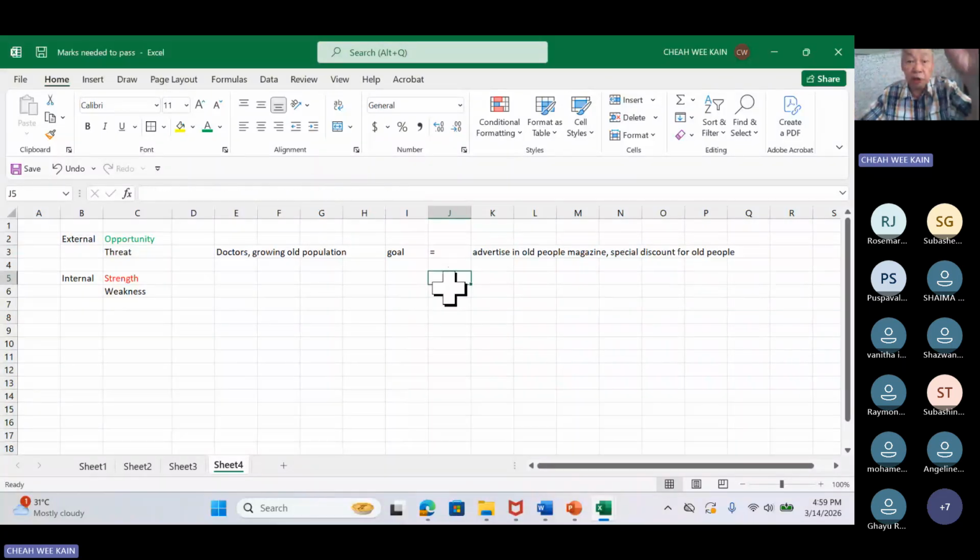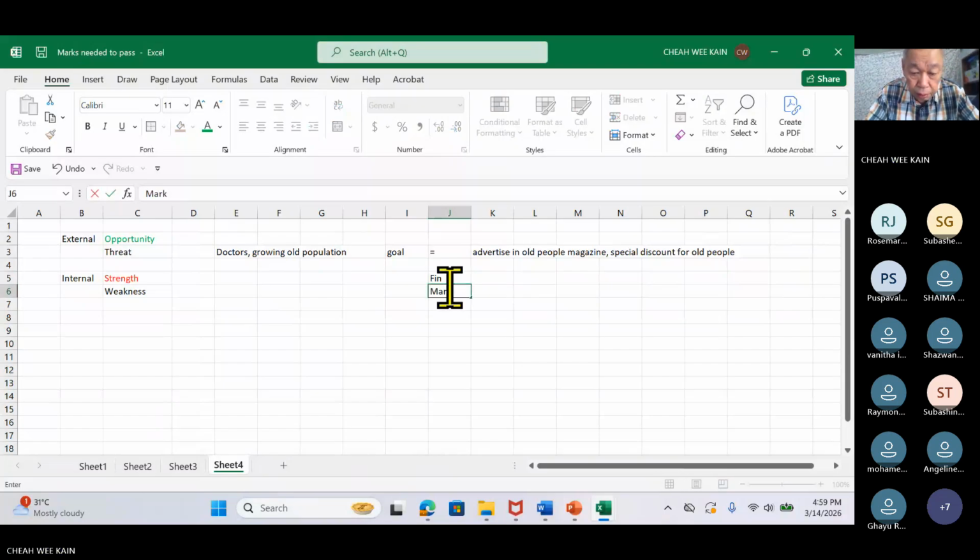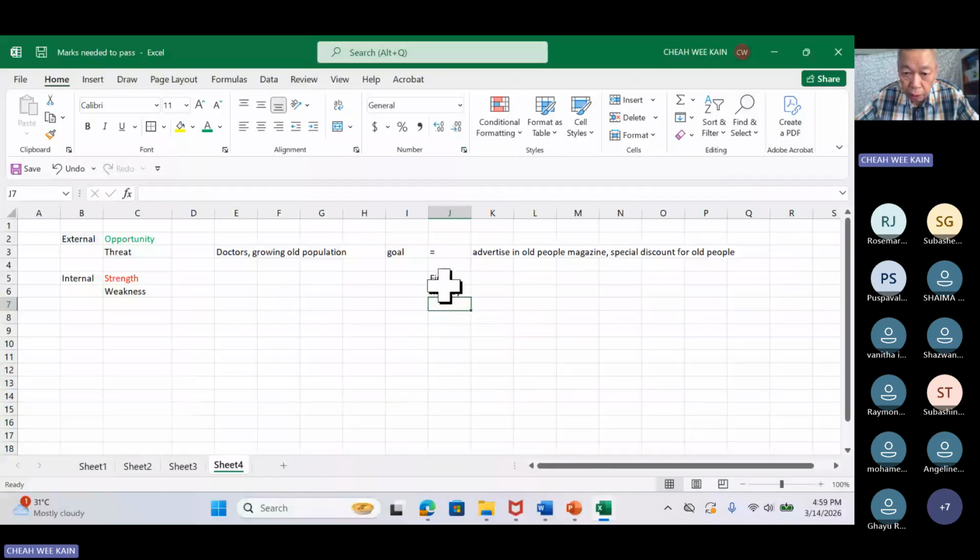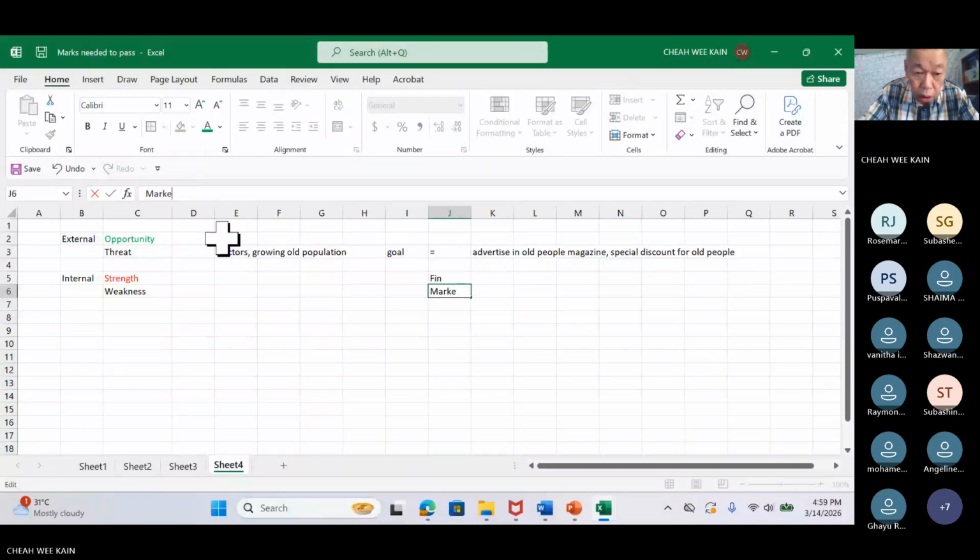So now you got various departments. You got a finance department. You got a marketing department. You got so many departments, okay? You got the HR department in your hospital.